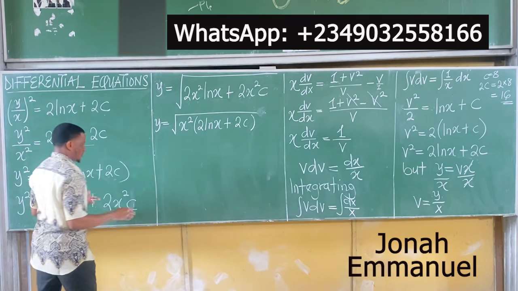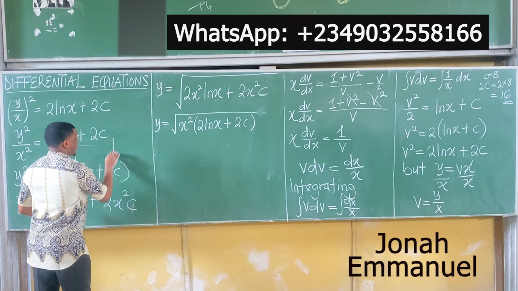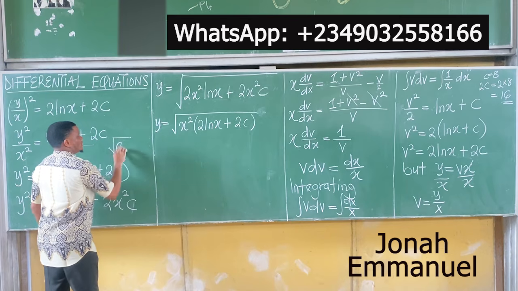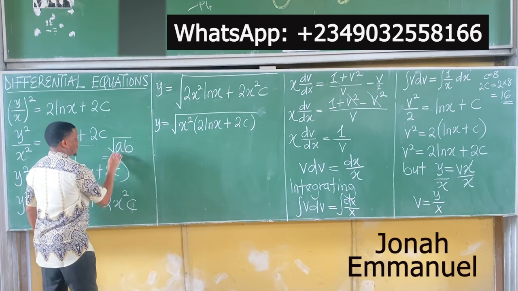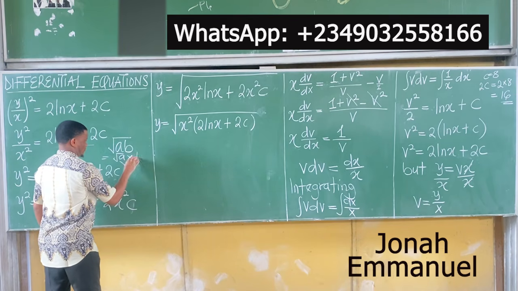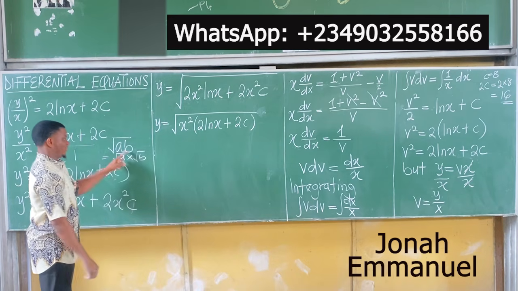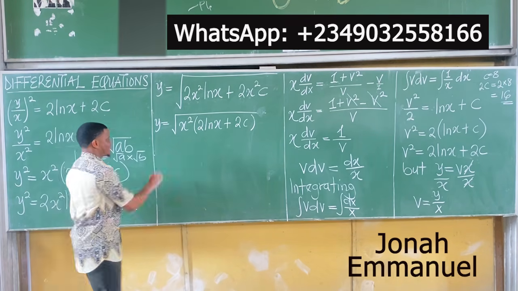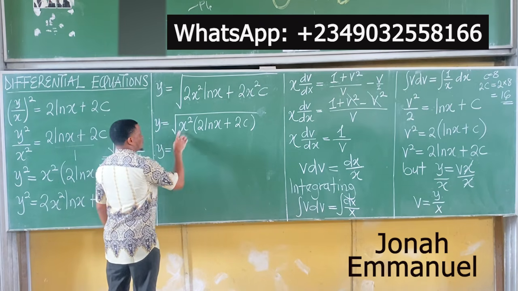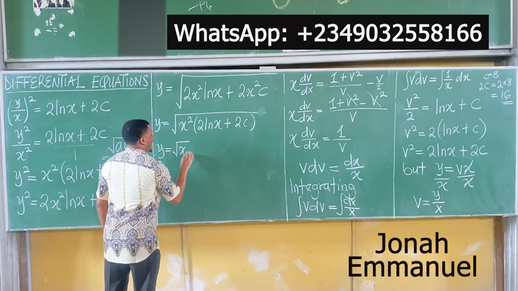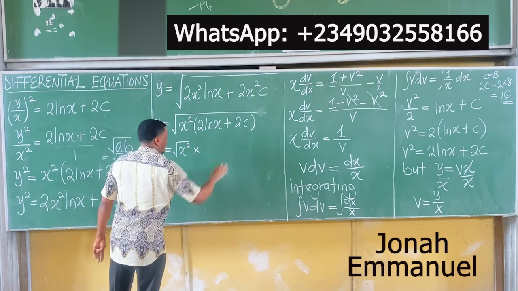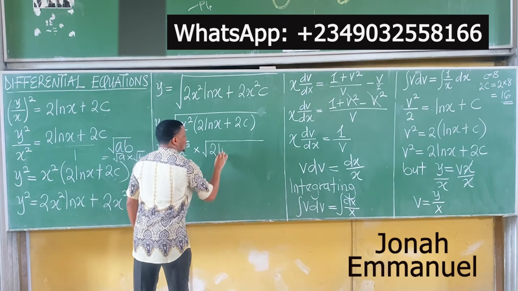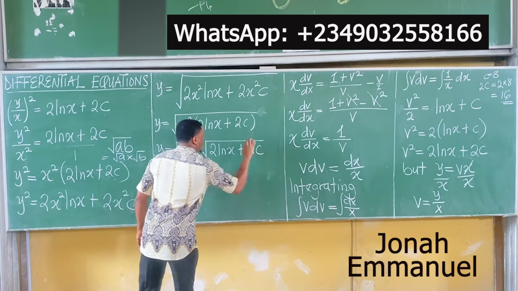Now, from the concept of indices, or surds, root AB is equal to root A times root B. So if two things are in a square root and they are multiplying, we can separate them. In essence, y can be equal to root x squared times root of 2 ln x plus 2c.